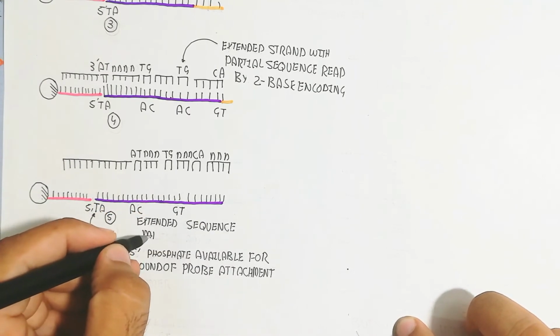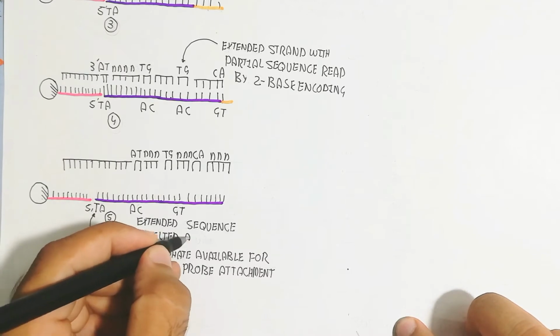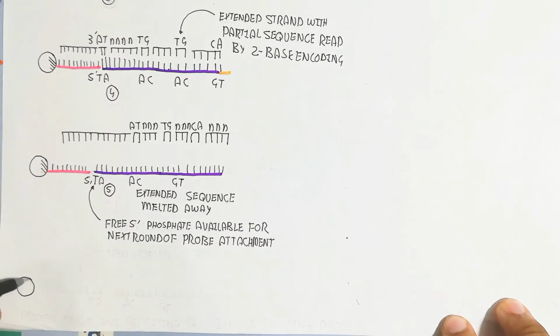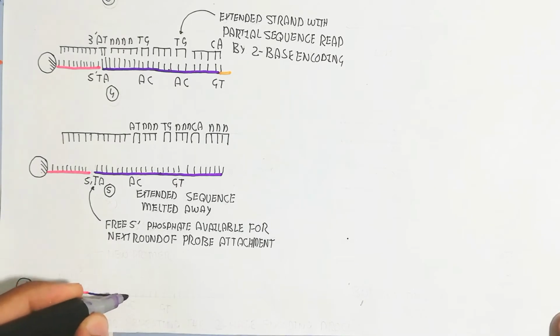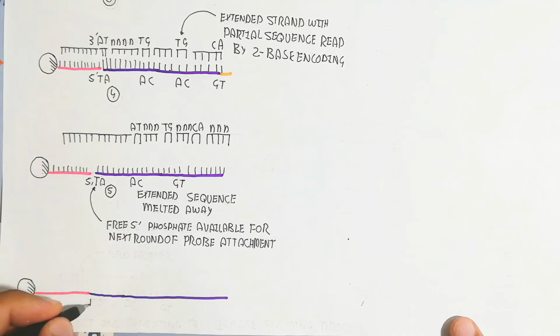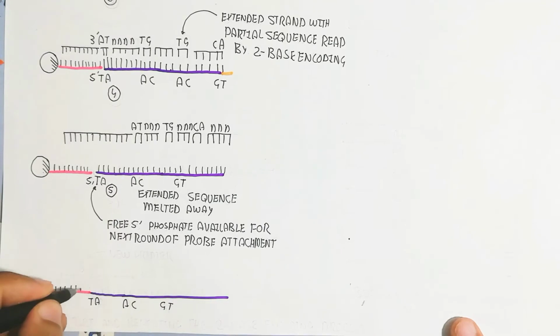So this sequence will be melted away to bind again after the new primer will be bind. Before the new primer, the primer reset and repeating the 2 base encoding process.